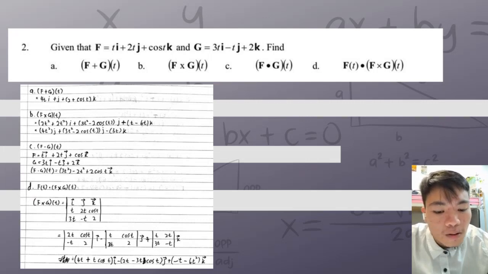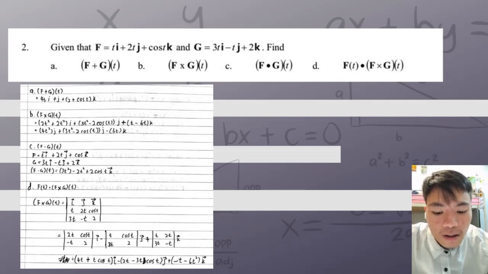Next, C, we also do the same thing as A. The answer we can get is f multiply g of t equals 3t squared minus 2t squared plus 2 cos t k.